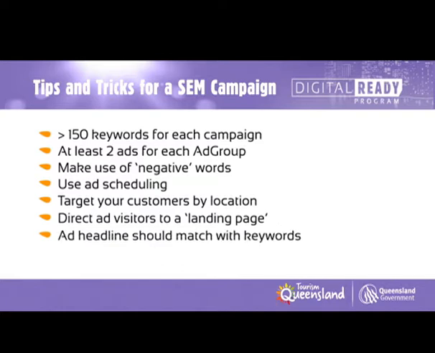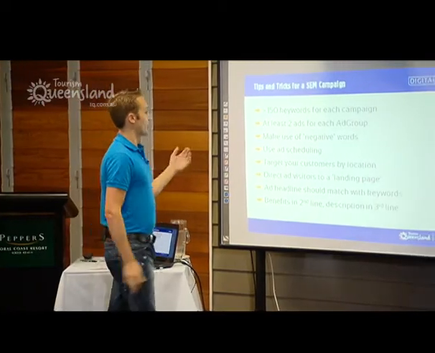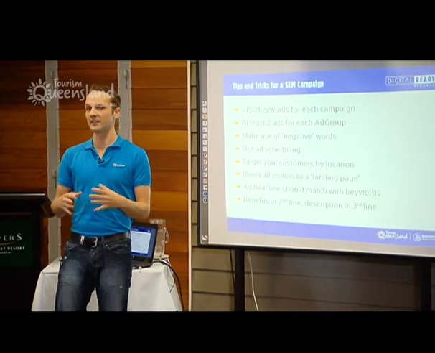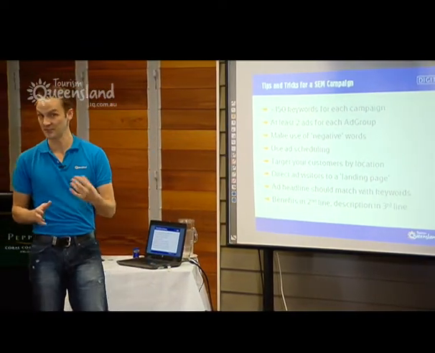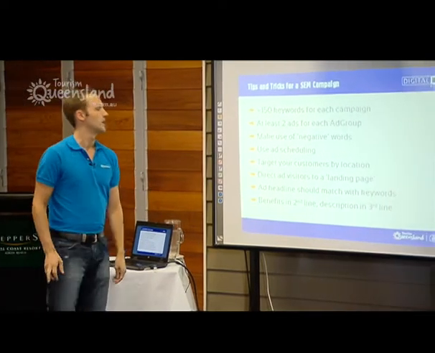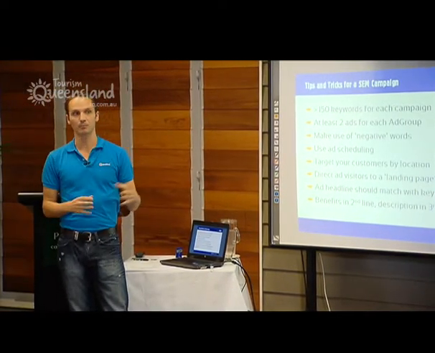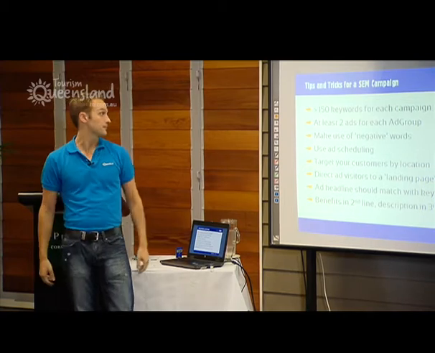Especially if I just have a hotel, how does it work, 150? Well, each combination is a keyword. Accommodation Whitsundays, Whitsundays accommodation are two keywords. So I know 150 can be very, very hard, but try to find at least 100 if you struggle to get 150. It is just important that you cover all the different keywords a customer would potentially use to find a product.